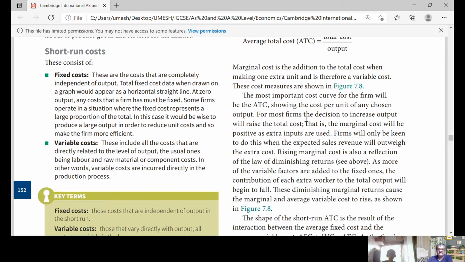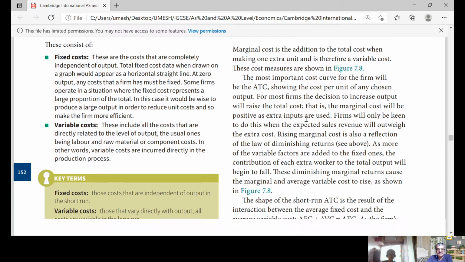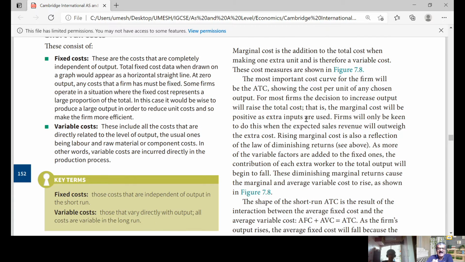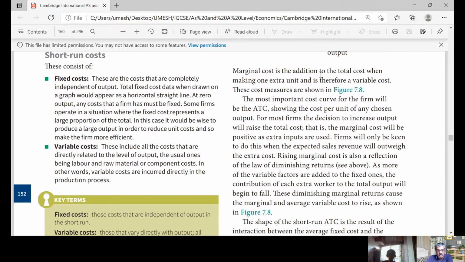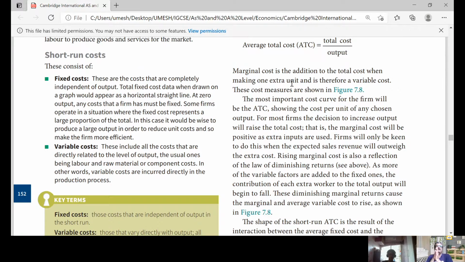We have learnt about marginal cost also, that marginal cost is the addition to the total cost when making one extra unit. Marginal cost means, for example, up till now you have produced 100 umbrellas and you are going to produce the 101st one. So the additional one unit that you are going to produce and whatever the cost incurred on that will be called marginal cost.